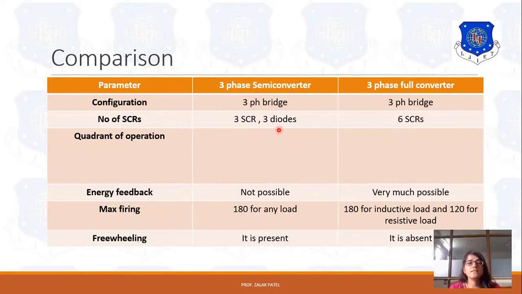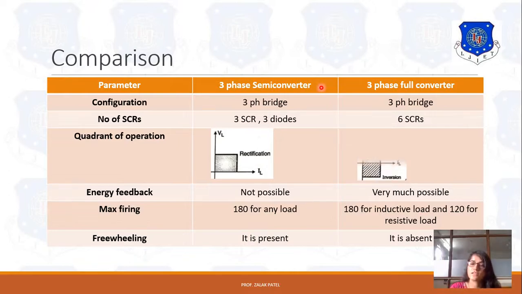Number of SCRs: in case of semi-converter, 3 SCRs and 3 diodes are there, while in case of 3-phase full converter all 6 SCRs are connected. Now for the quadrant of operation, in case of 3-phase semi-converter, only rectification will take place, because it operates in only the first quadrant because of the positive load voltage value.